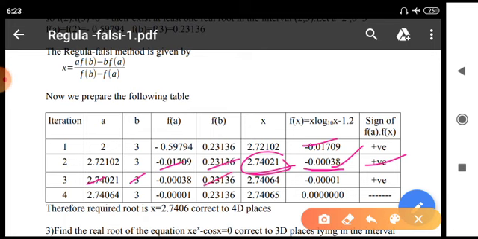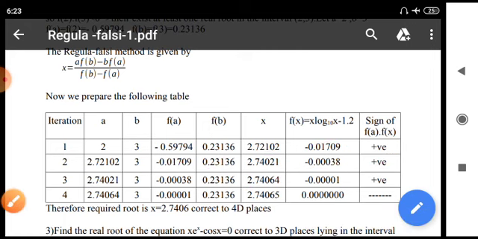Now if you again calculate x value, you will be getting 2.74064. So what is f of x now? f of 2.74064 is -0.00001. Again sign of f of a into f of x is negative into negative is positive.